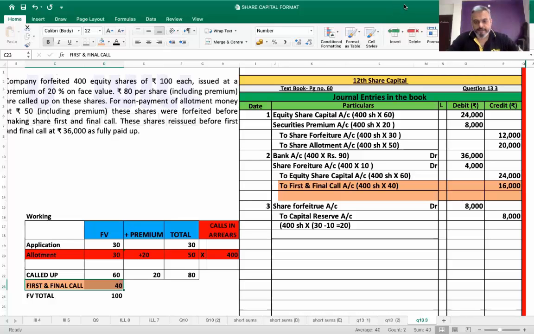Now you people practice all these sums once again, do them yourself once. Okay, you read the question carefully, do the working properly, go stage wise.